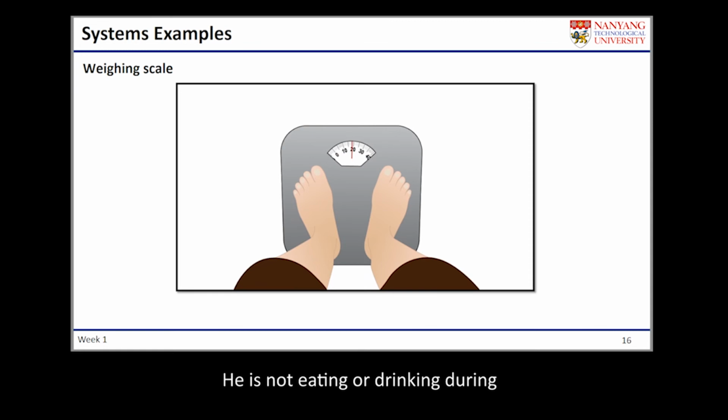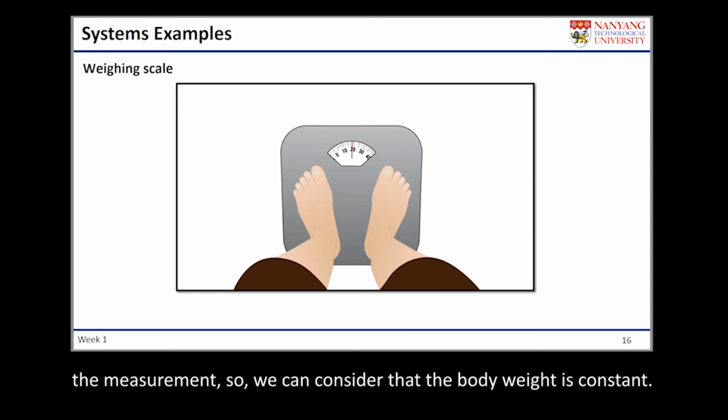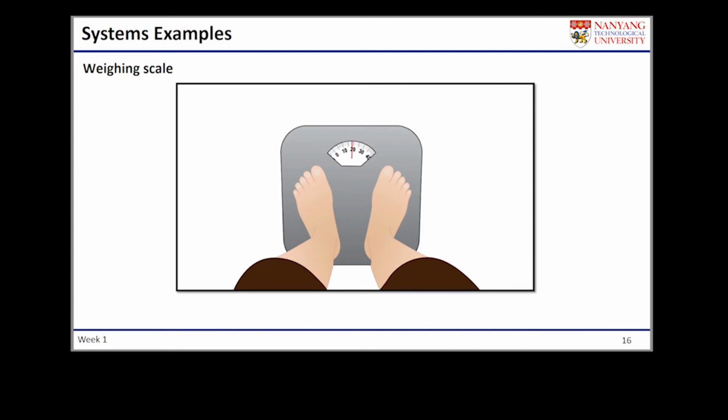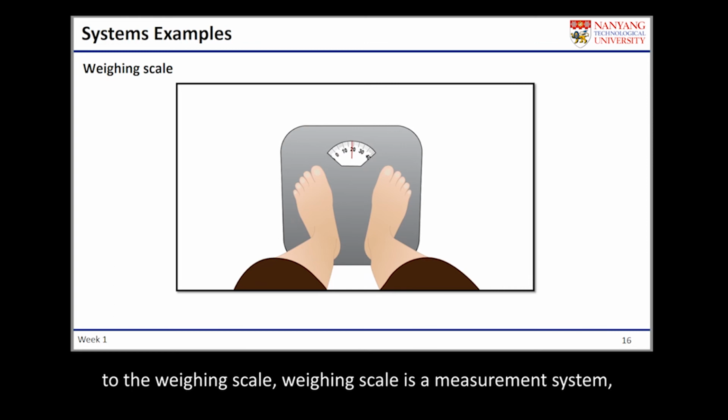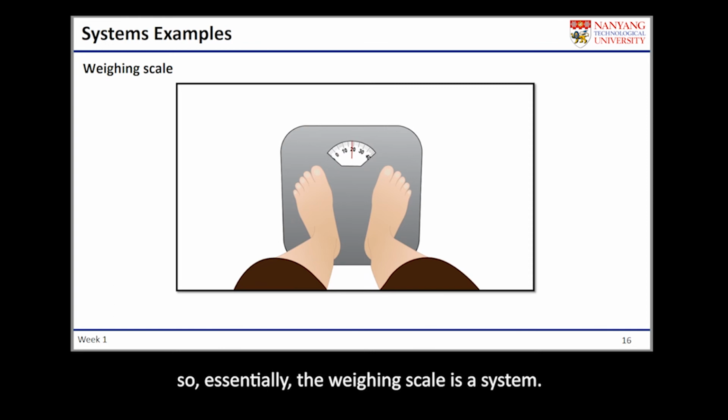He's not eating or drinking during the measurement. Assuming that, this boy is giving a constant input to the weighing scale. The weighing scale is a measurement system, so essentially the weighing scale is a system. So the boy is giving a constant input of 24 kilograms to the measurement system.